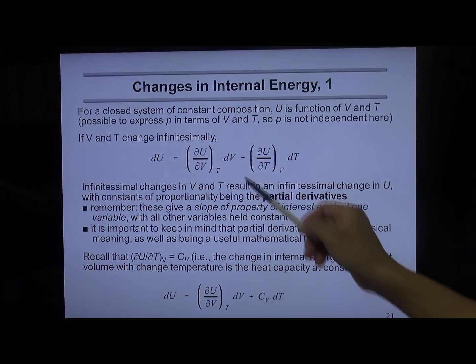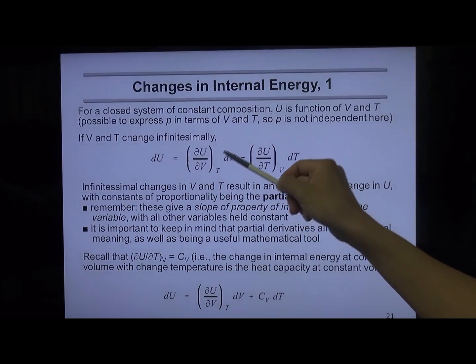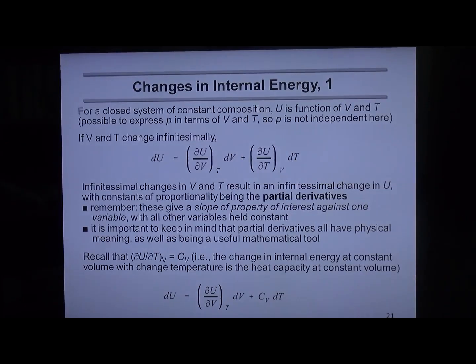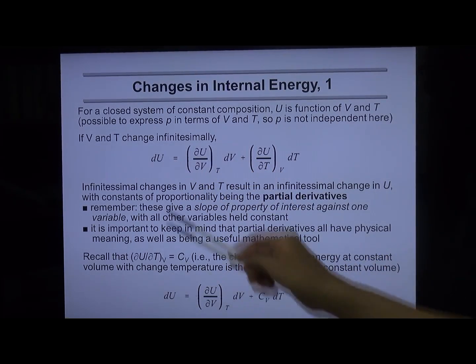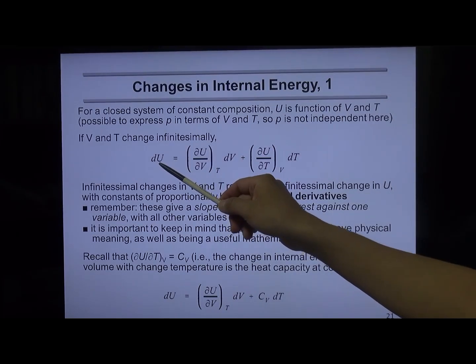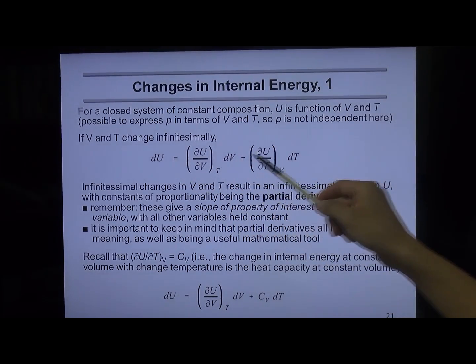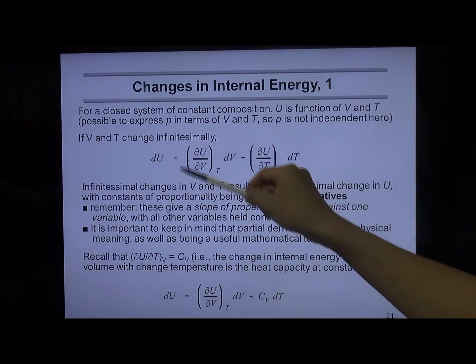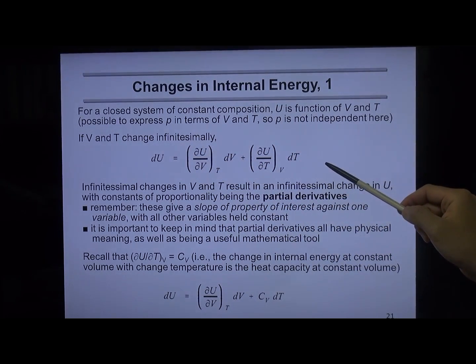Let's say that volume changes a small amount, dV. Temperature changes a small amount, dT. Both of them change by a very small amount, and that will result in a small change of internal energy, dU, right? Then how much does internal energy change as a function of volume or as a function of temperature? That will be expressed as a partial derivative, right?